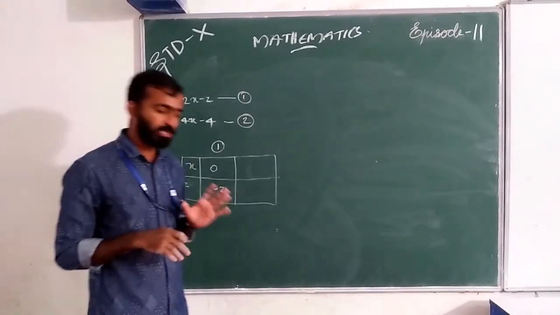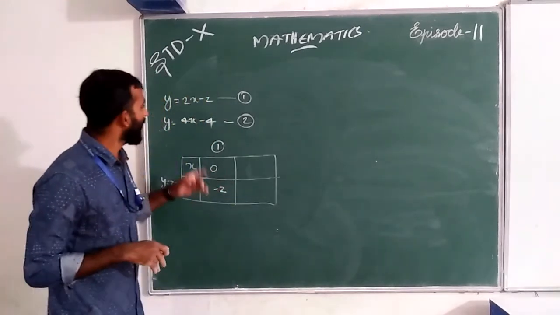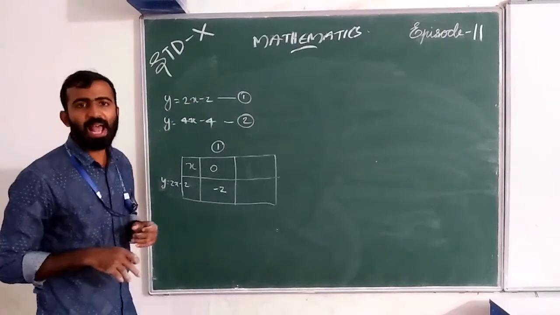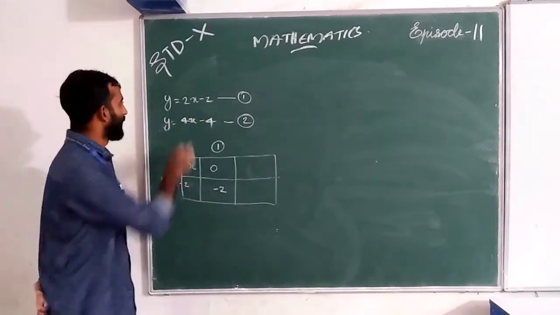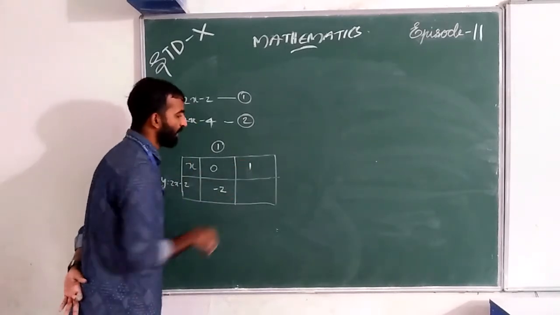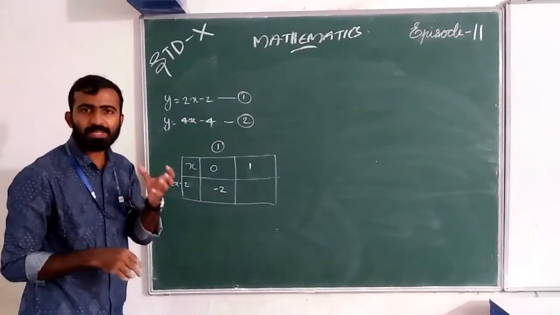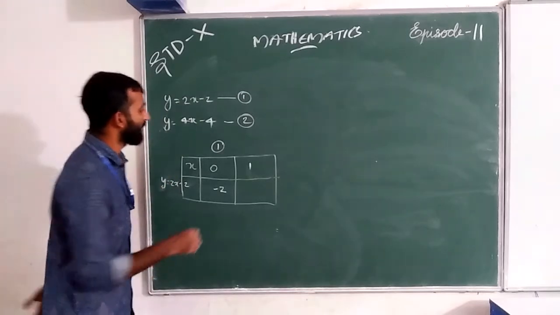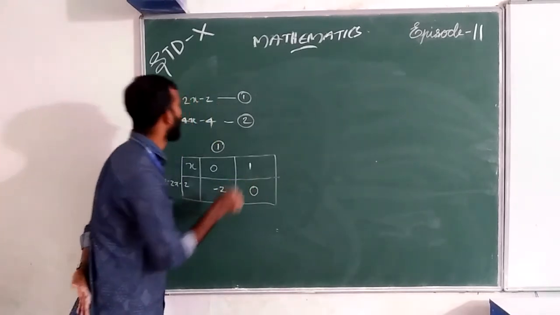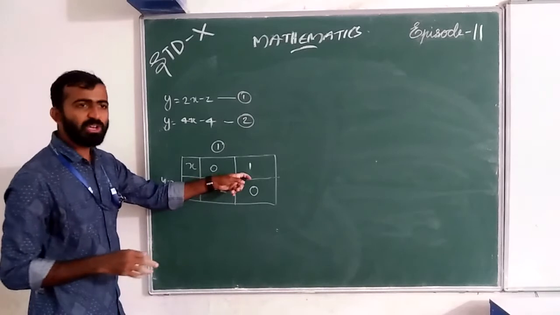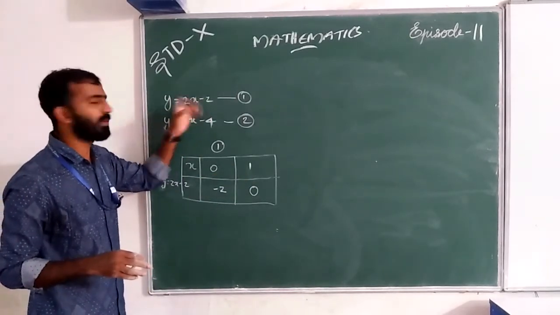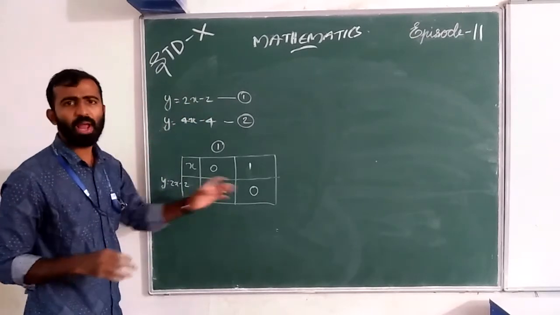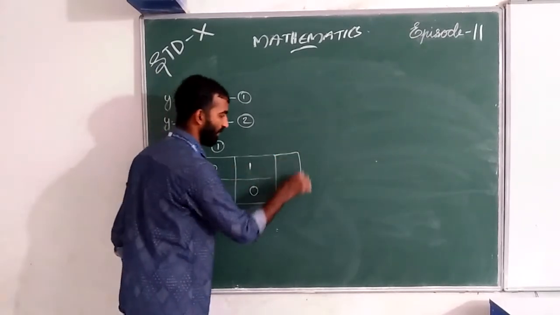Then I take x as 1, what do I get? 0. That is, we put the value of x in equation number 1: 2 into 1, 2 minus 2, I get 0.